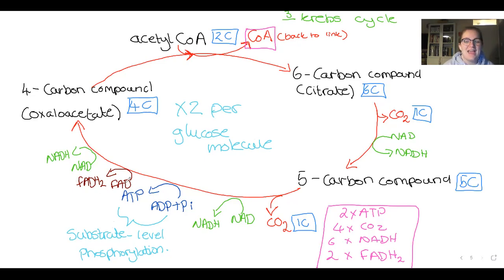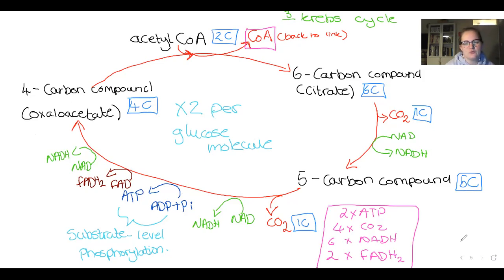Dehydrogenation occurs again, and a molecule of FAD accepts that hydrogen and becomes reduced FAD. And dehydrogenation occurs again, where NAD picks up that hydrogen and becomes reduced NADH. We eventually get that 4-carbon compound, which is oxaloacetate, and then the cycle can continue again.